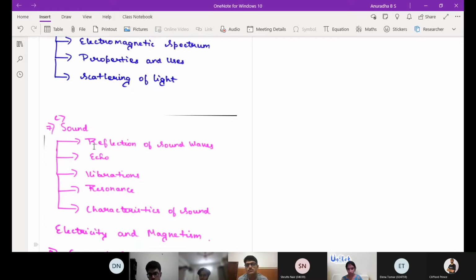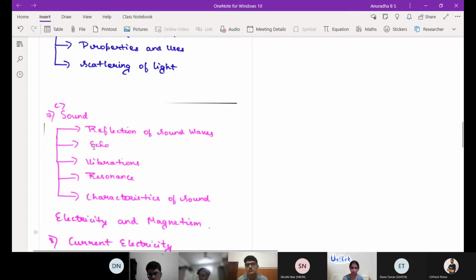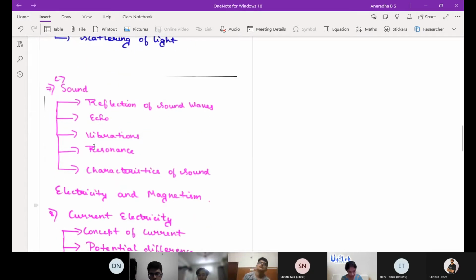The number of vibrations in 1 second. What about amplitude? The maximum distance a particle can travel from its mean position. Yes. You are supposed to know those things.